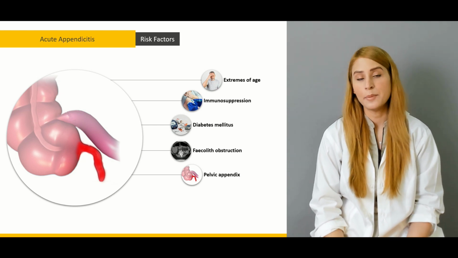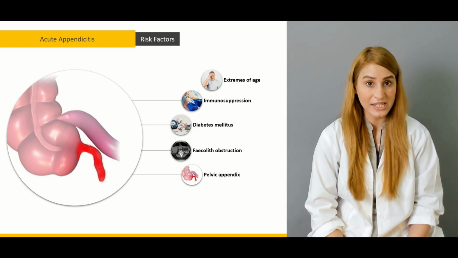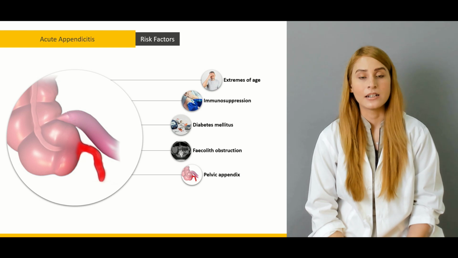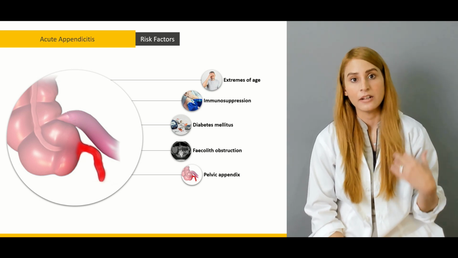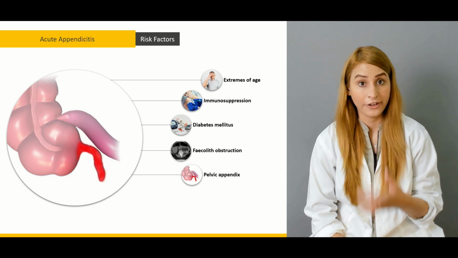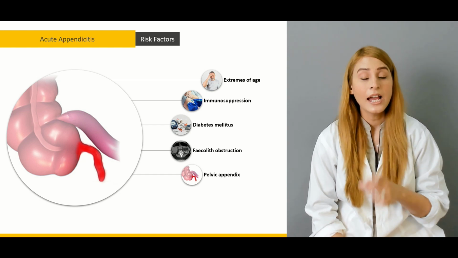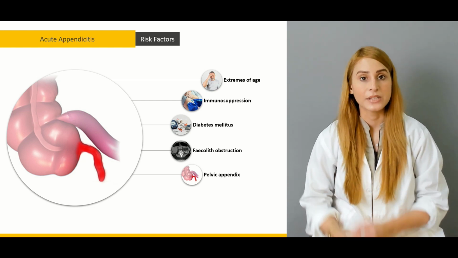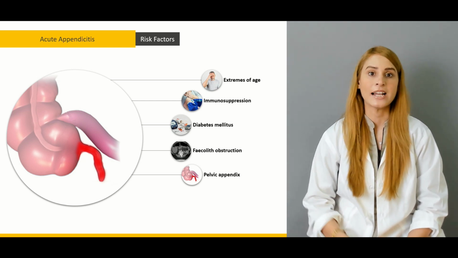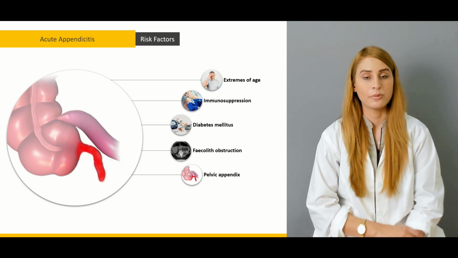And the pelvic appendix. Now, what does a pelvic appendix have to do with acute appendicitis? We know that particularly in case of females, the female urethra is very small, and infections from the lower urinary tract ascend to the pelvic cavity.